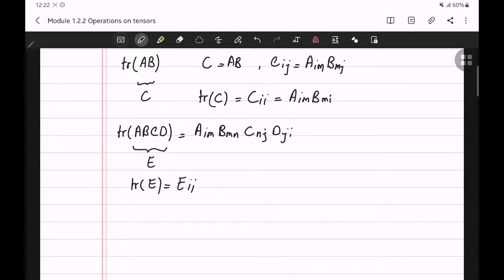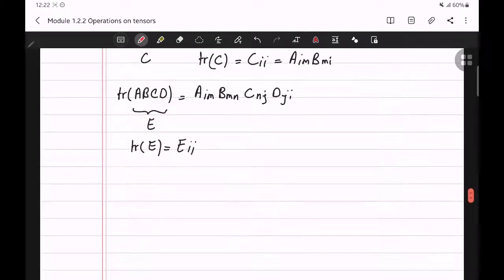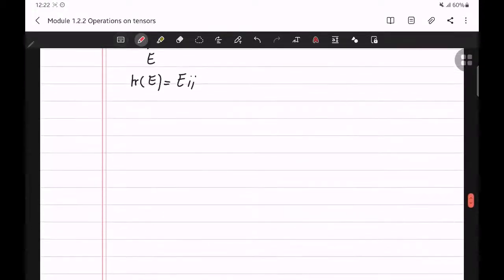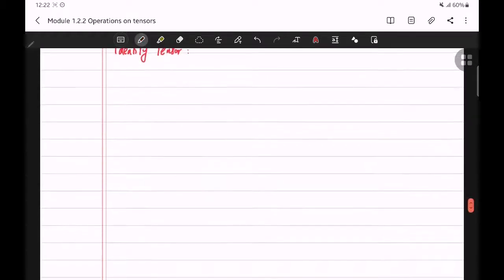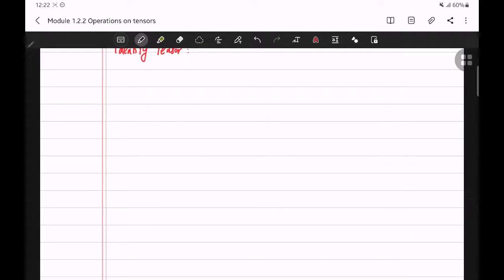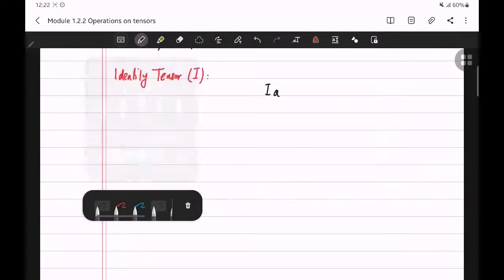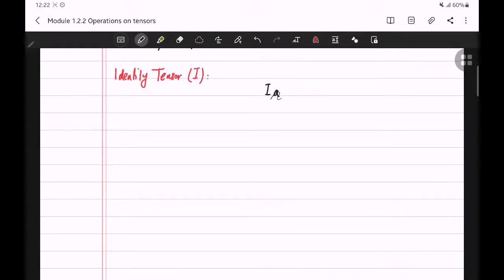All right. So let's get to the next topic, which is the identity tensor. We define this similar to the identity matrix. If I is the identity, then if we multiply I with a vector, it becomes the same vector.